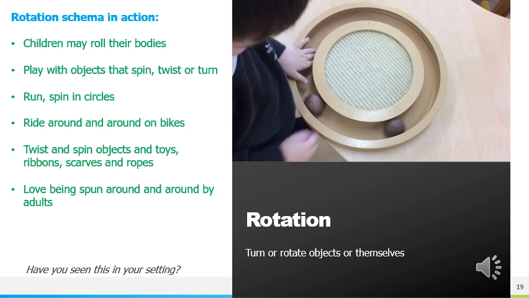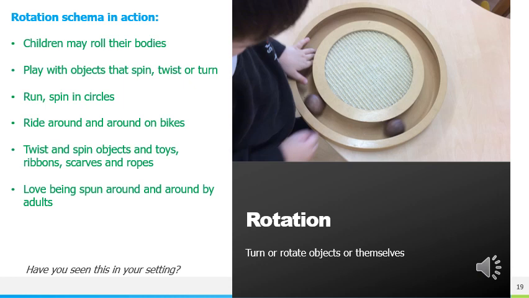Rotation schema. The rotation schema encompasses an interest in rolling, spinning, turning, and circles. This can include exploring objects that roll, exploring how you roll and turn your own body, as well as mark making in a circular motion.